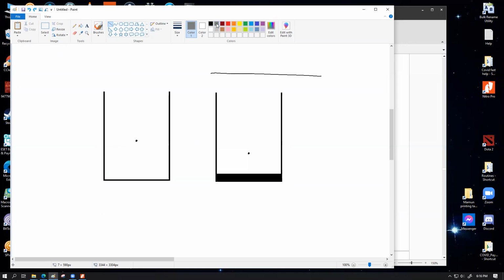As long as we're going to pour more liquid into this thing, the COG of this point is going to go down till the liquid level is up to this mark. Now, what does this information mean?